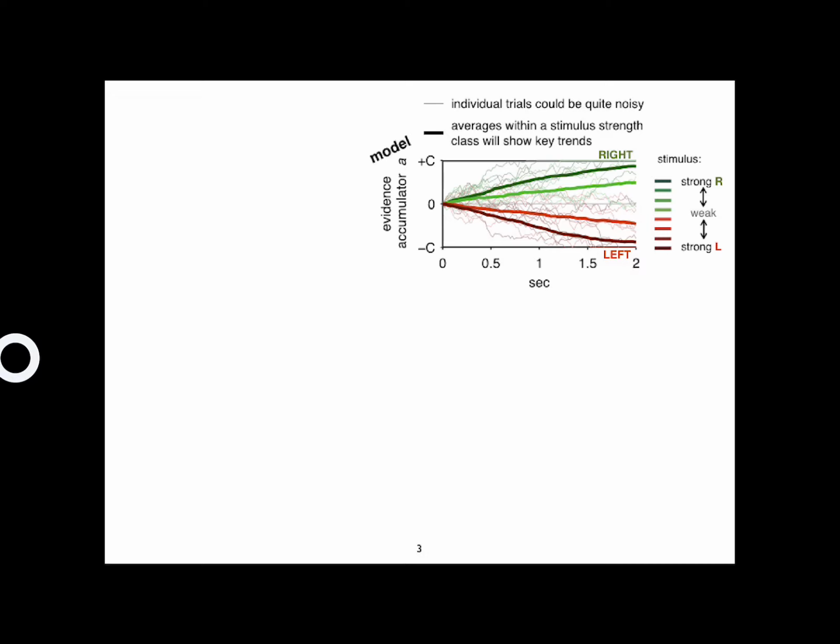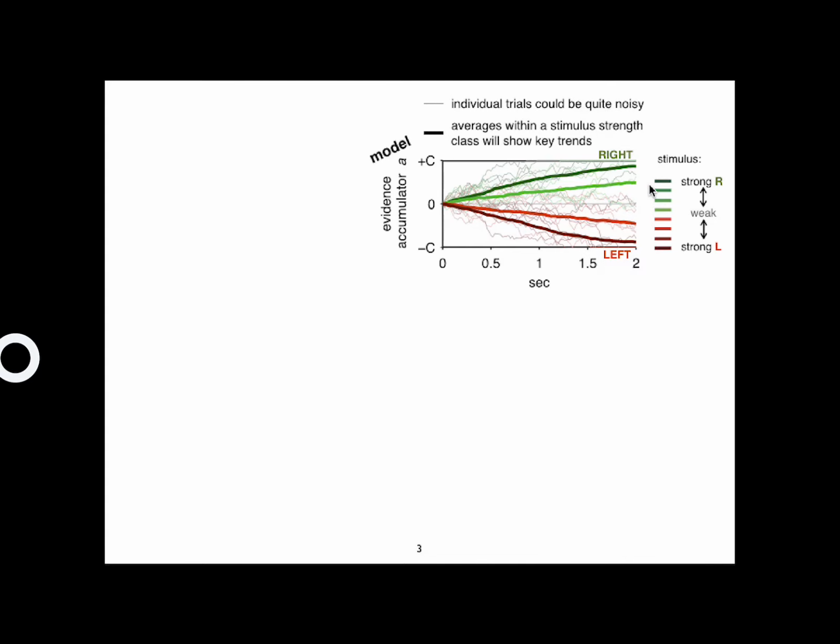And the idea is that as you're accumulating evidence, say that that's the stimulus that you're looking at in the experiment that I described. In each moment, you're seeing the motion of the dots, and you're trying to decide whether to orient to the right or to the left, which way the dots are moving. On each trial, the trajectory of what you've added and subtracted could be quite noisy, and that's what these thin lines represent.